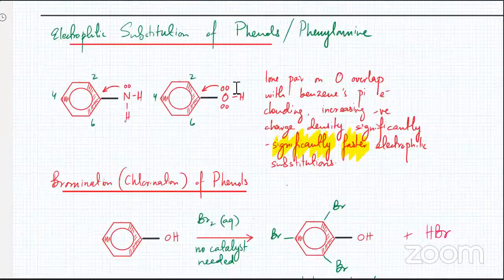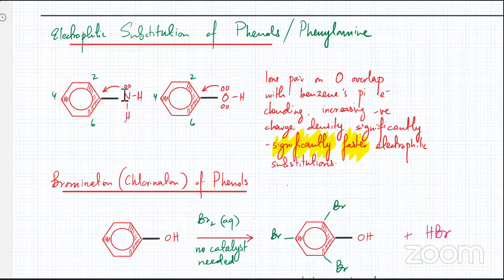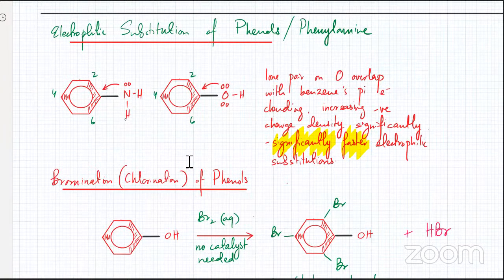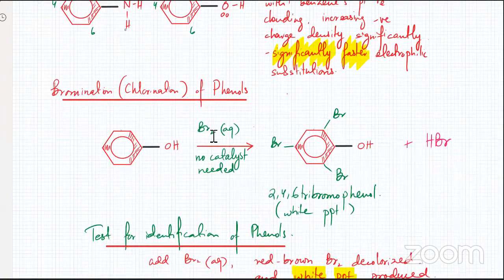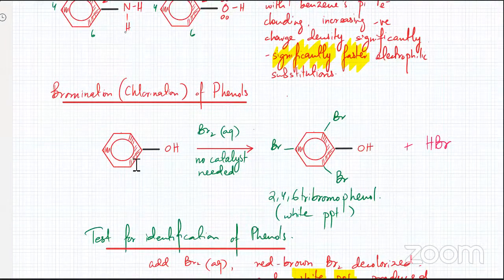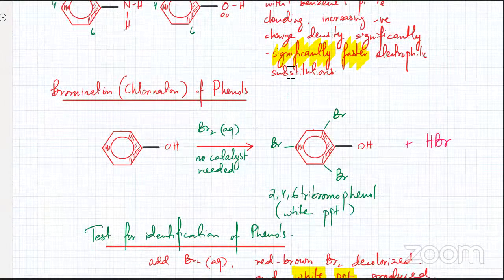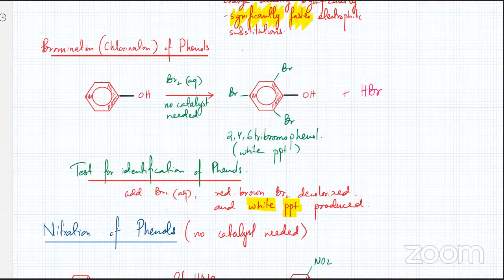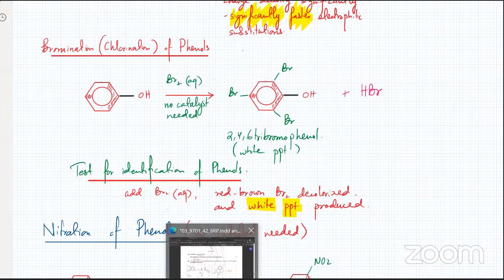The lone pairs on OH and NH2 as well, both of them are activating. The lone pairs mix up with benzene, and the electron density becomes really high on positions 2, 4, and 6. So if a bromine comes in, it's going to be very strongly attracted to positions 2, 4, and 6, and the reaction will be very fast. You don't need a catalyst, and bromine will get added on all 3 positions, 2, 4, and 6.